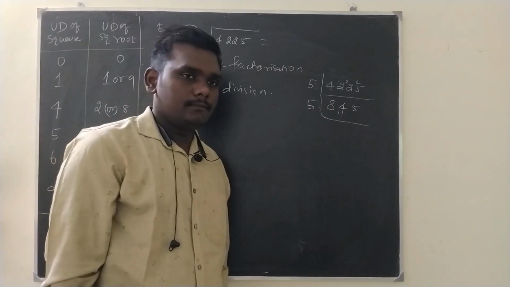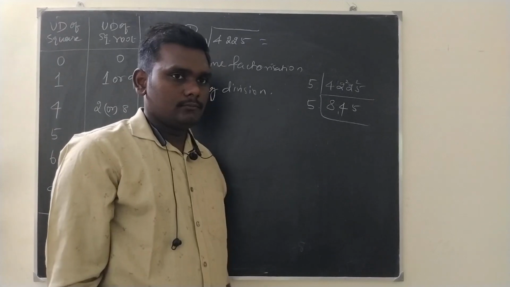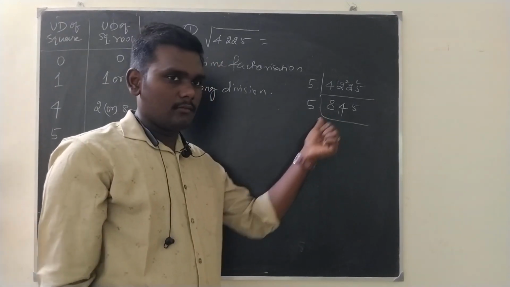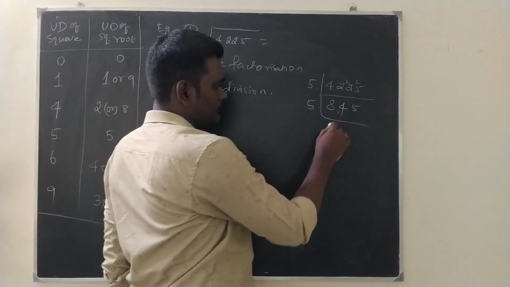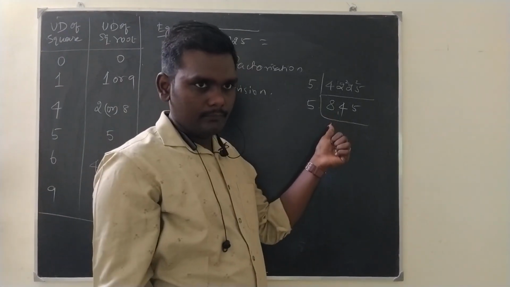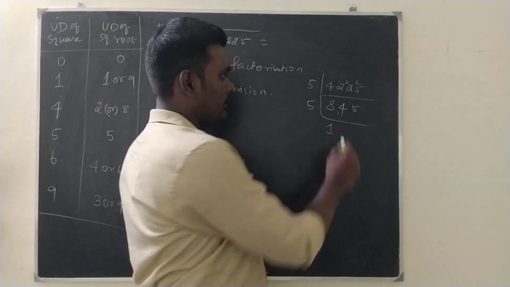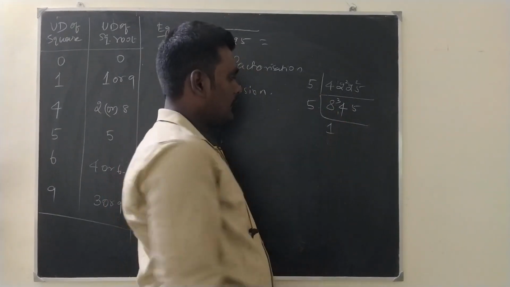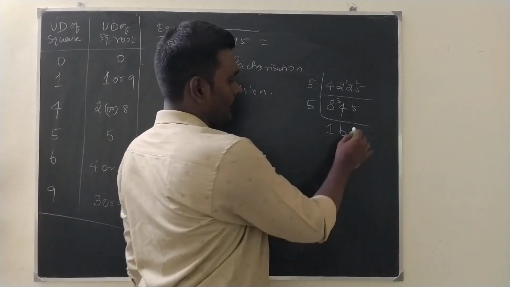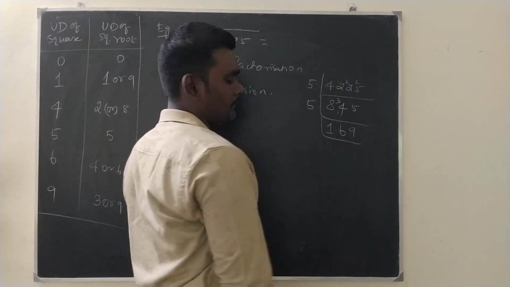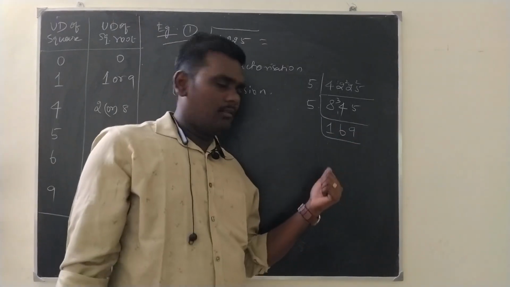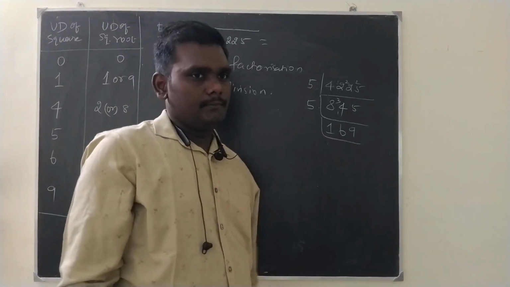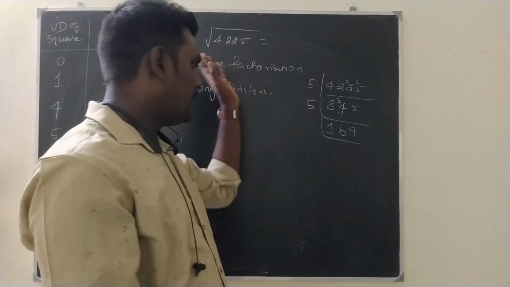So 5 means, how much? 1 5s are 5. Carry over 3. That makes 34. 6 5s are 30. 169. Have you seen this number? 3 cannot divide it. Only now I erased.